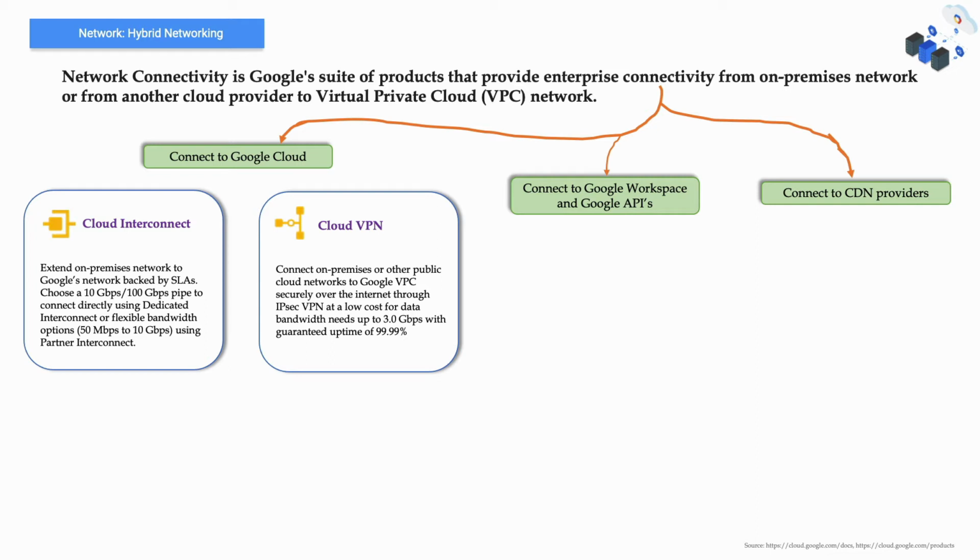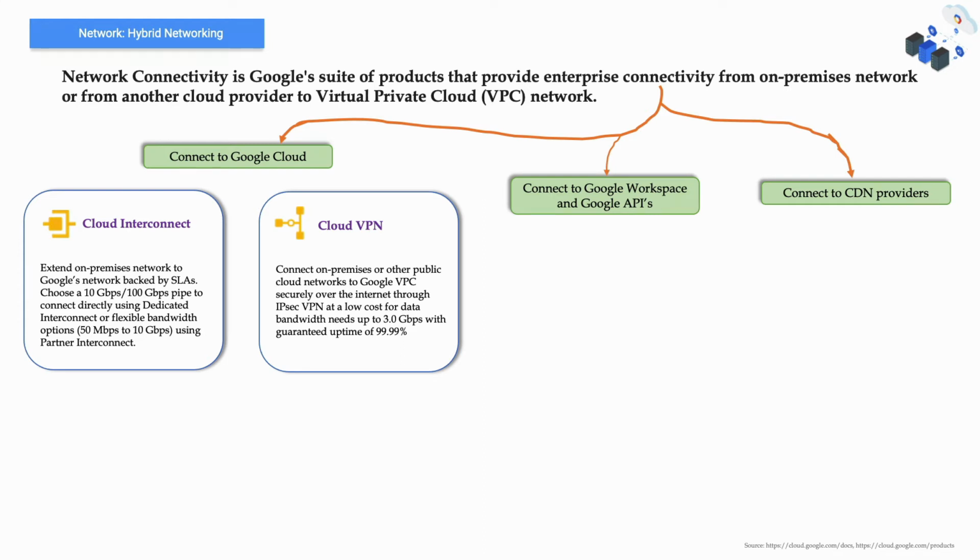Where you should use High Availability VPN versus Classic VPN is that HA VPN only supports dynamic routing, but Classic VPN supports static routing, which is policy based or route based, as well as dynamic routing using BGP, which is the Border Gateway Protocol.